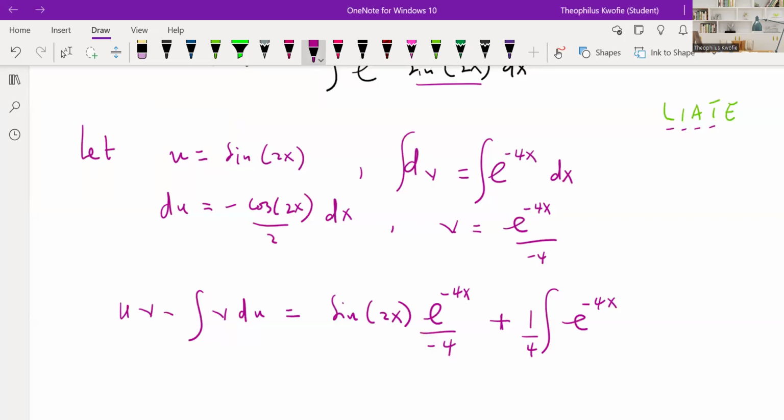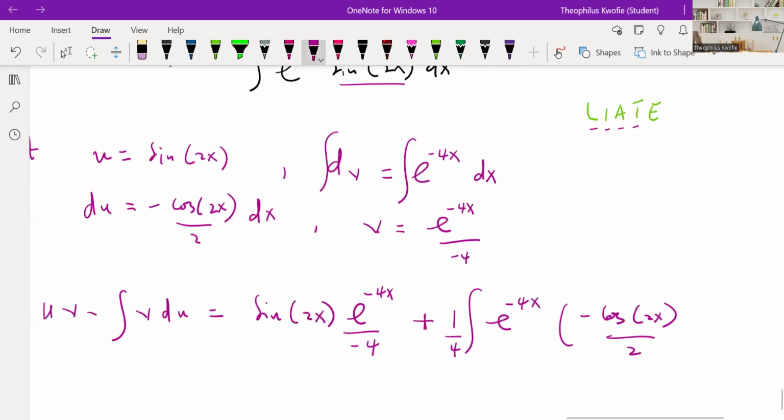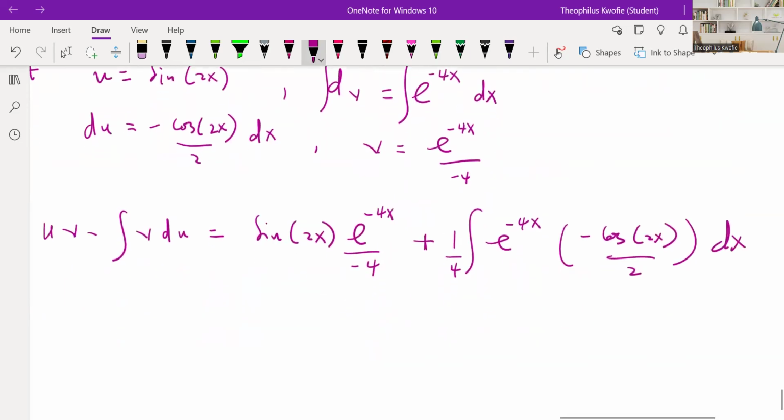Now, what is our du? Our du is cosine 2x on 2 dx, right? So we can further simplify it before we find the integral.